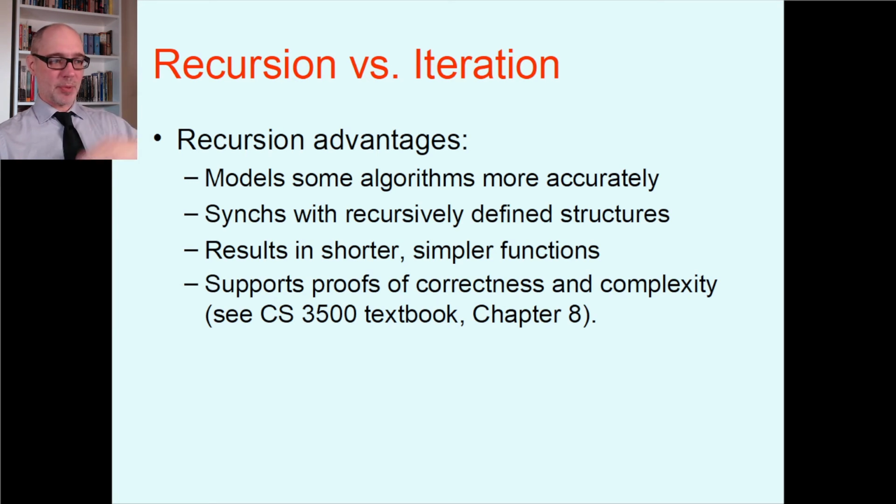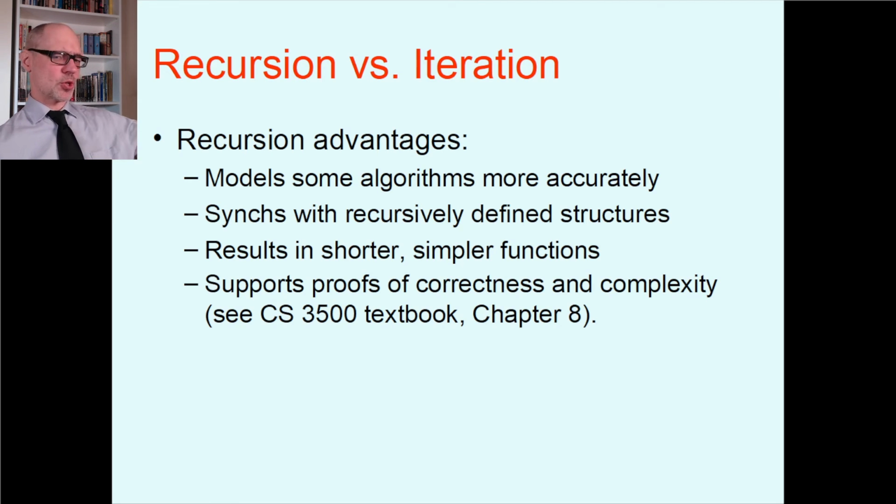You just look it up, and here's how much time your algorithm will take. But it assumes that you wrote the function recursively. In order to use the master theorem and figure out how much time your algorithm takes, you need to write it recursively. And if you're proving that the function is correct all the time, again, for a lot of reasons, it's easier to have a recursive function than iteration.